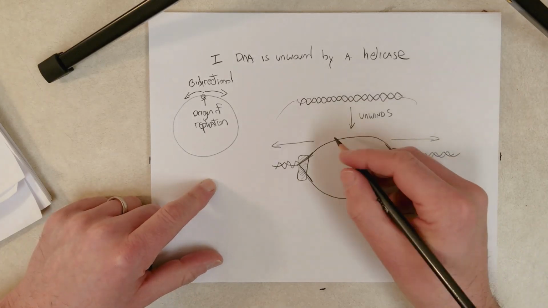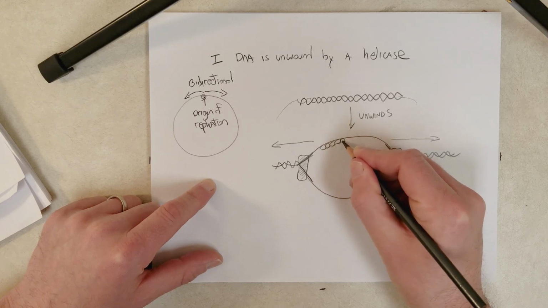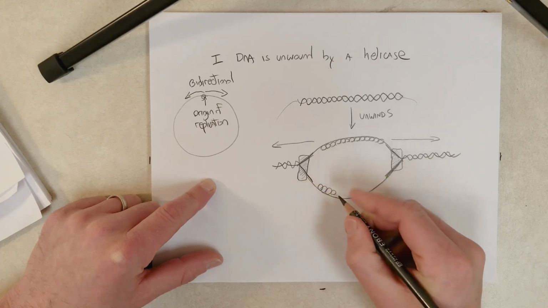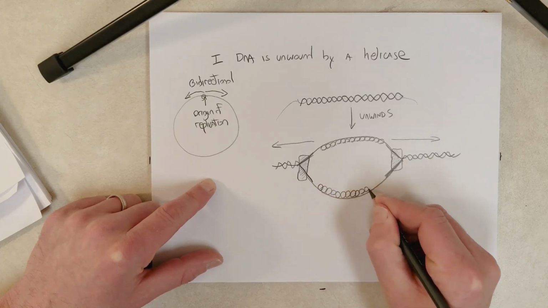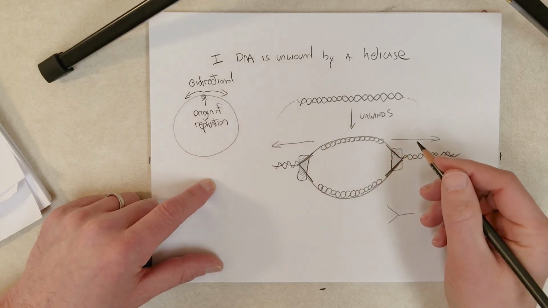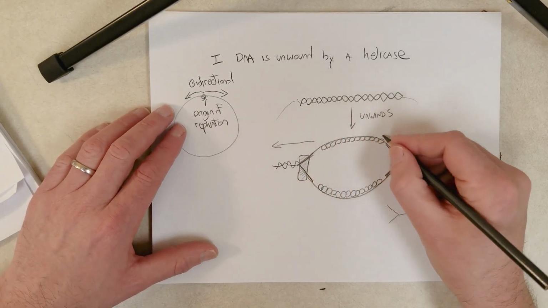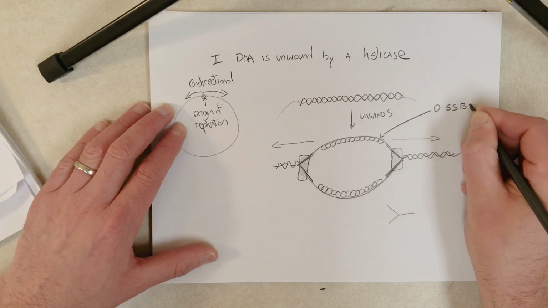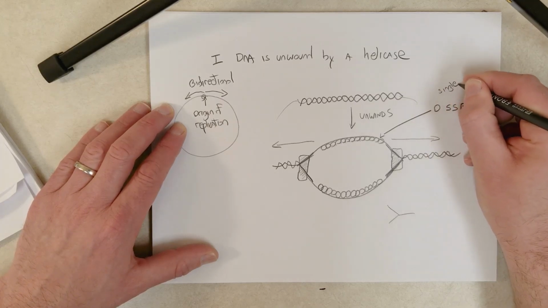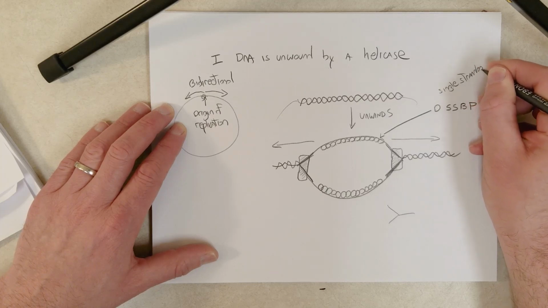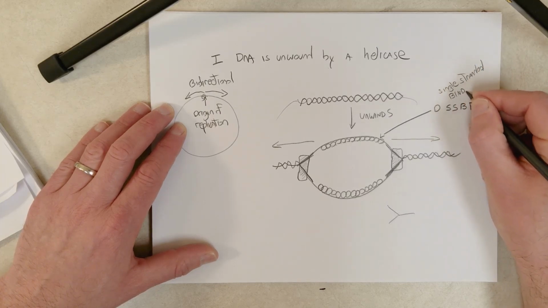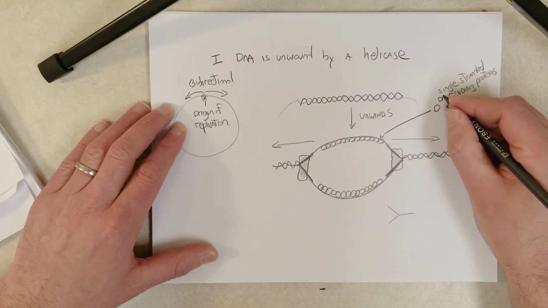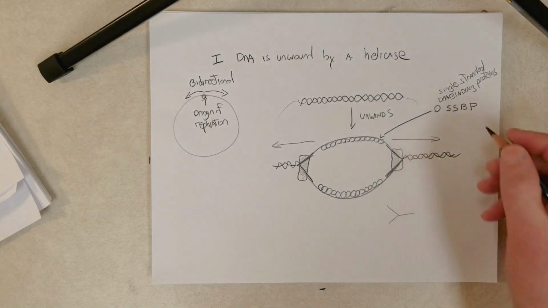Now, for this replication bubble right here, we are going to have these small proteins called single-stranded binding proteins, or single-stranded DNA binding proteins, SSBPs.